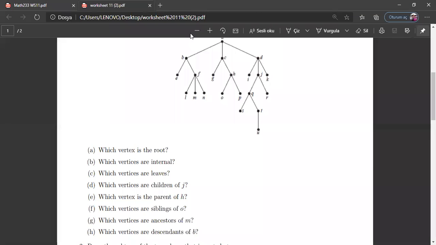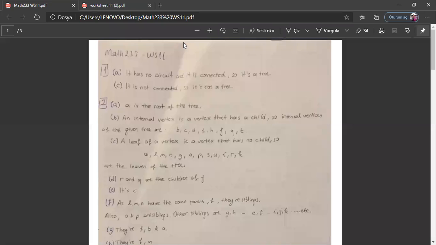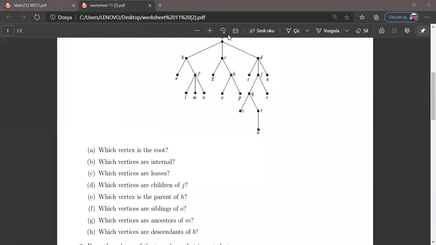So for example, N is a child of F, okay, and F is a parent of N, okay. So what's an internal again? It's a vertex that has a child, right? So we need to find the vertices that have a child.